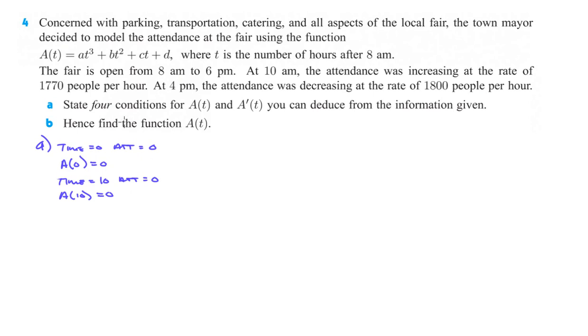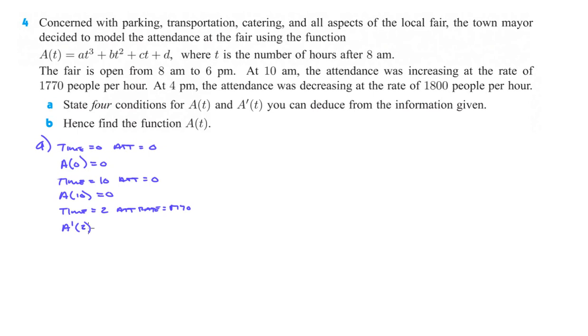So that's two conditions that work. And then the other conditions are going to be these other pieces that they give us here. So the attendance was increasing at a rate of 1770 people per hour at 10 a.m., which is when time equals 2. So when time equals 2, the attendance rate is 1770, right? So instead of just being plain old A, that's going to be the derivative of A, because that's the slope.